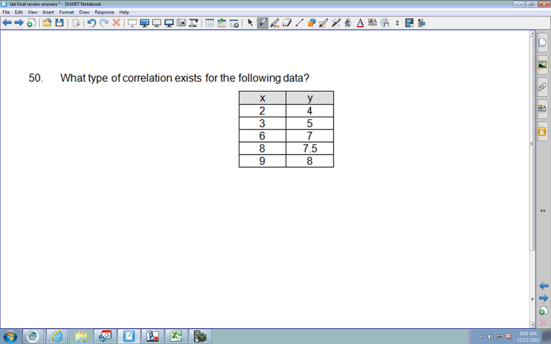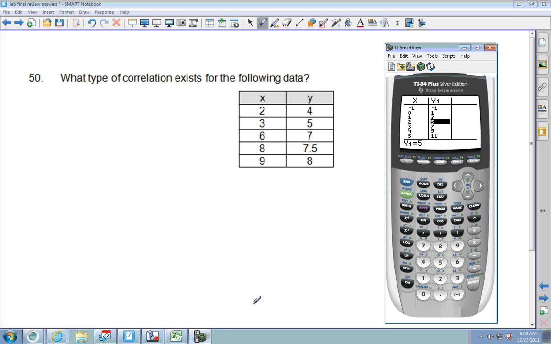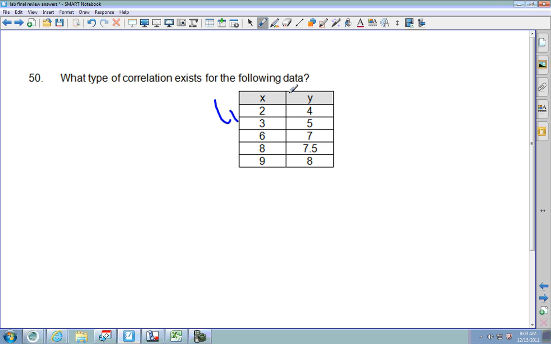What type of correlation exists in the following data? Okay, well, let's remember this. This will take us back a ways. Let's go in the calculator and put in there stat and enter. Let's put the x in L1. I'm trying to write with the mouse now. There we go. And the y is into L2.